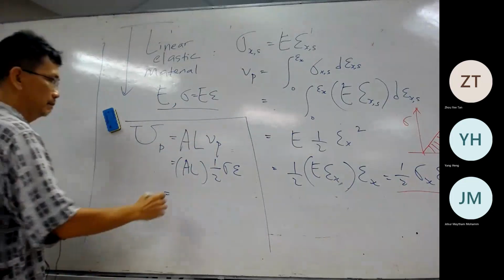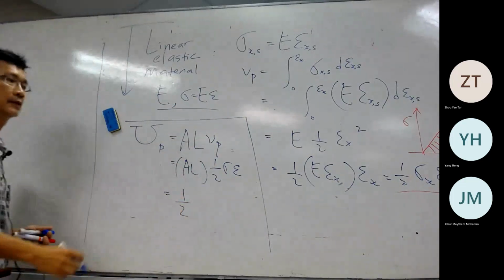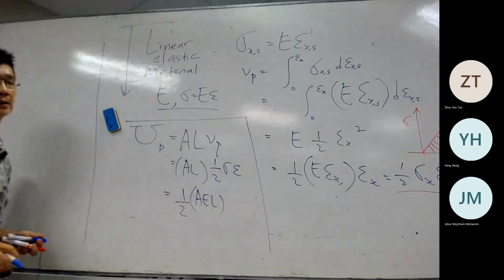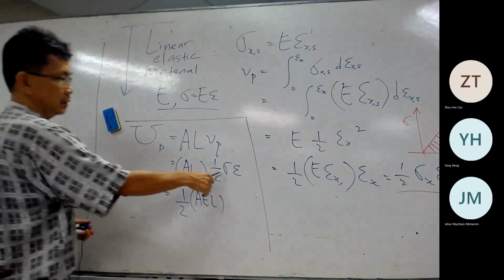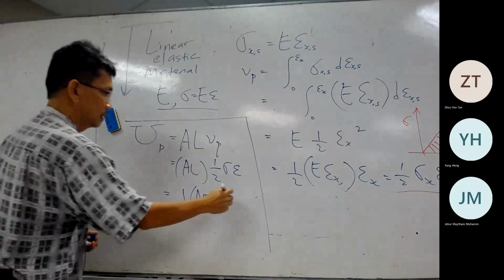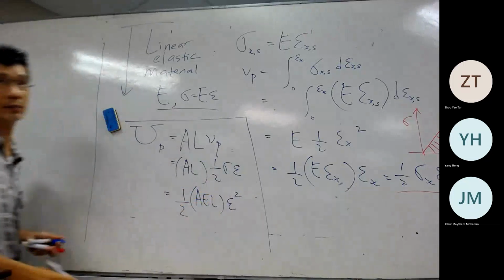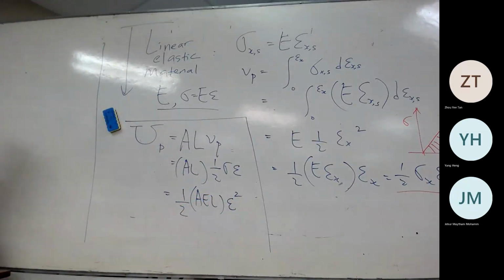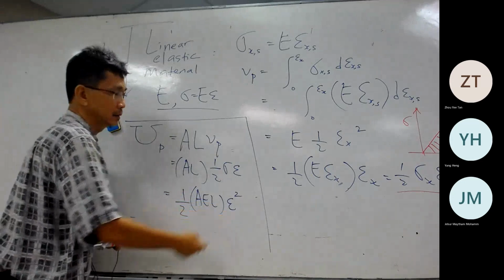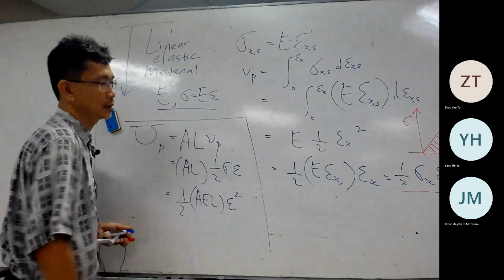So this becomes half AEL epsilon x squared. So this is the equation for strain energy in terms of strain squared.